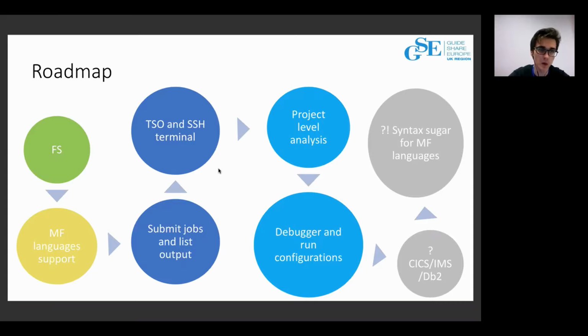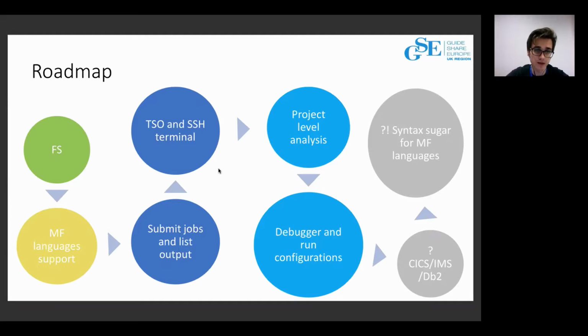Currently we're working on mainframe languages support and it's marked with yellow. Mainframe languages support means that we are going to work with, basically, we hope all mainframe languages, I mean REXX, COBOL, High-Level Assembler, JCL, and so on. We're planning to do syntax highlighting for these languages.